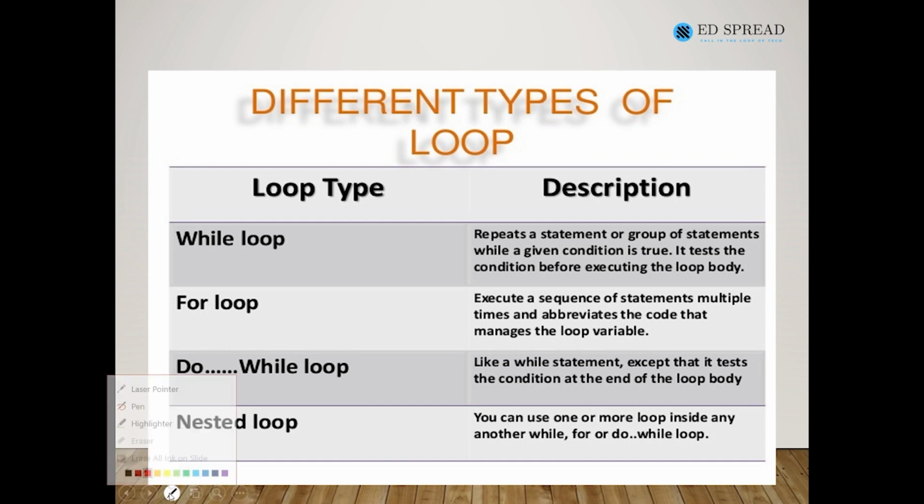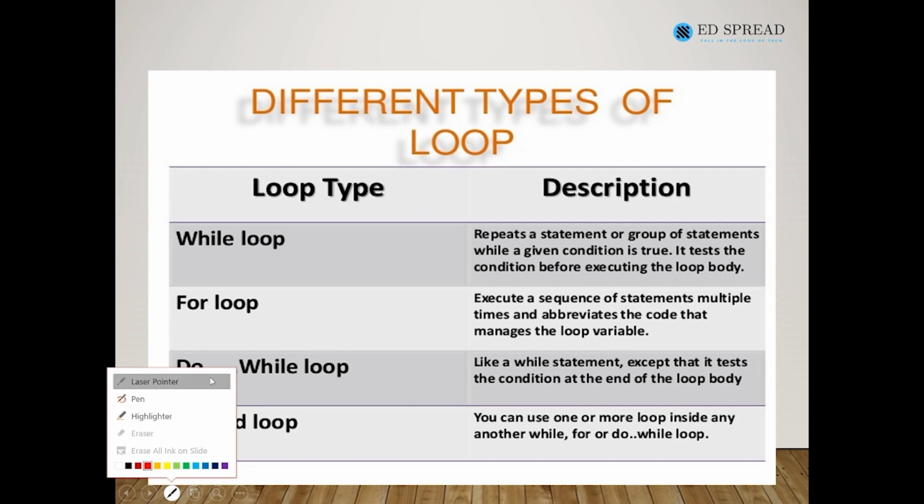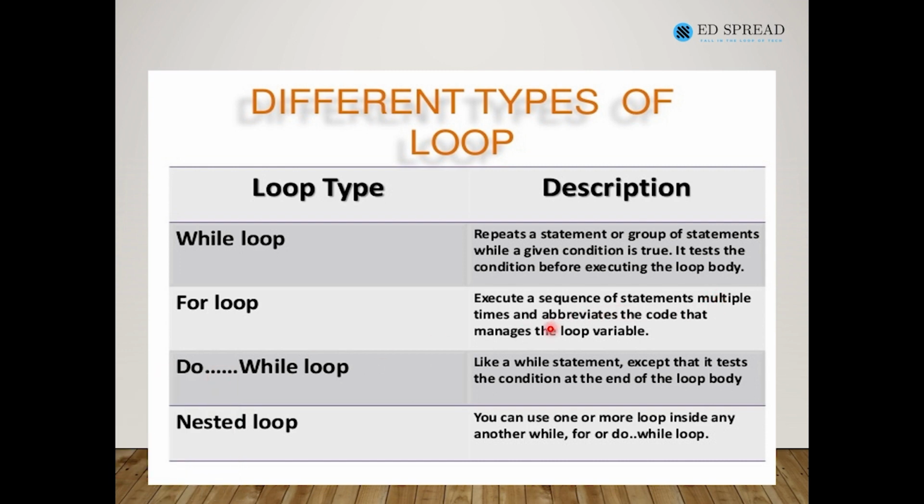Now coming to the for loop. It executes a sequence of statements multiple times and abbreviates the code that manages the loop variable. Same as the while loop, the for loop also tests the condition before executing the loop body. What is the do while loop?